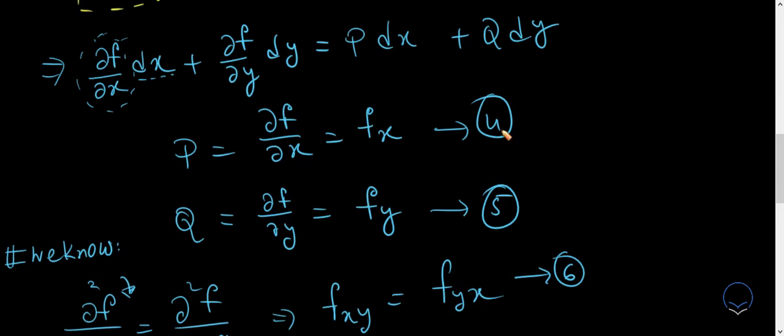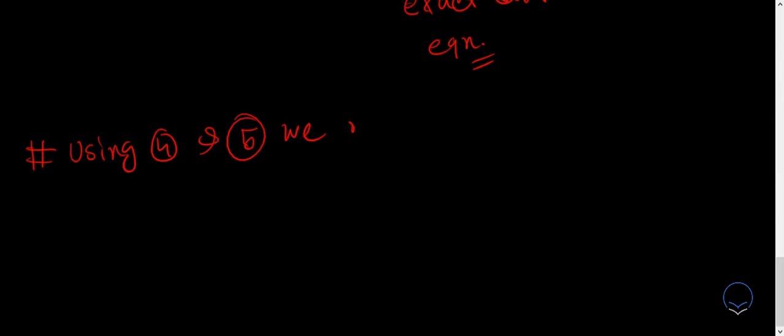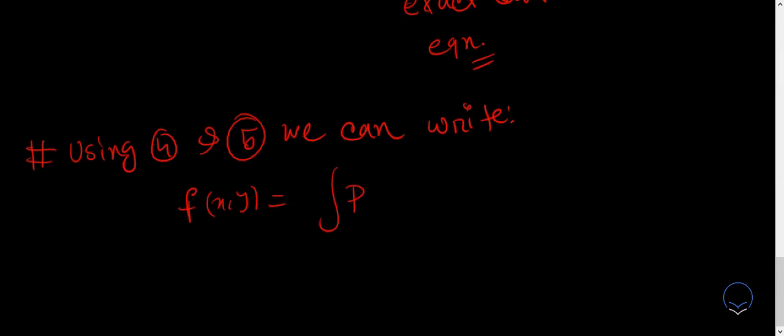Then using 4 and 5, because you can see that this 4 and 5 tells you that f subscript x, that is the partial derivative of f with respect to x, is equals to p. So using these tools, so let's say using 4 and 5, we can write f of x y as integration of p.